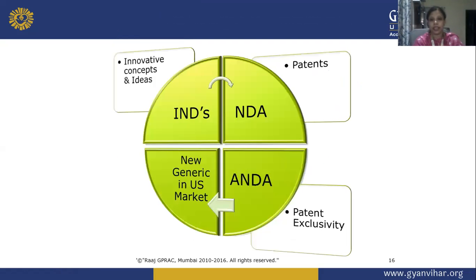So we have discussed that there is IND, there is NDA, there is ANDA, which have to be approved before the product comes to the US market. So after the approval of all these, that is the investigational new drug application, the new drug application, as well as the abbreviated new drug application, all the approvals you should have when you take the product to the US market.